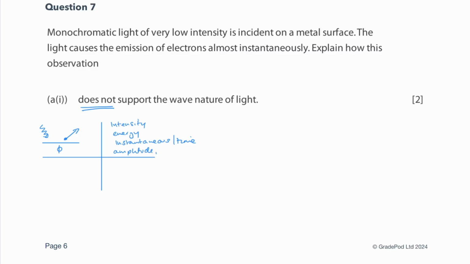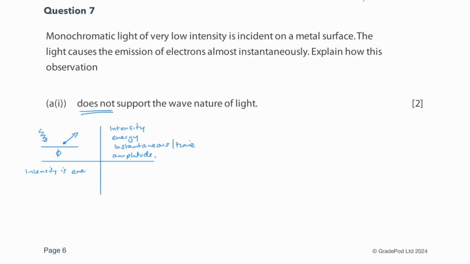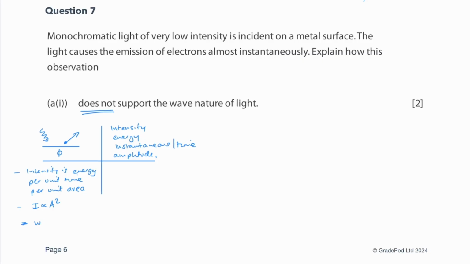And the phrase we want to use is intensity is energy per unit time per unit area. That's one phrase we want to use. We want to use intensity is amplitude squared, and we'll want to say something like waves would add energy with time.